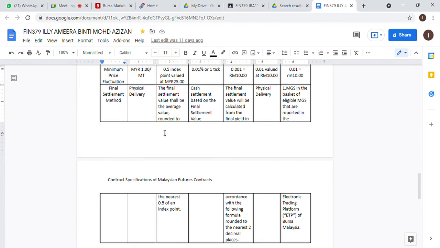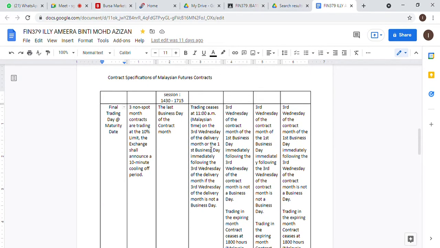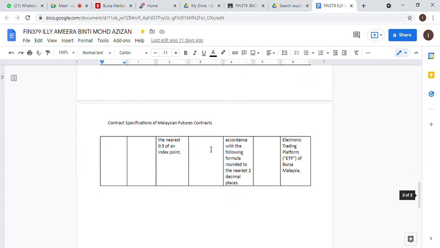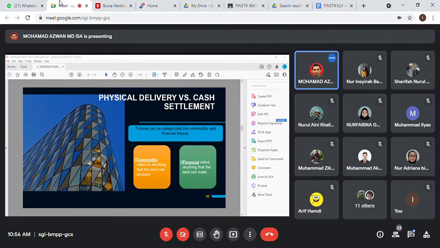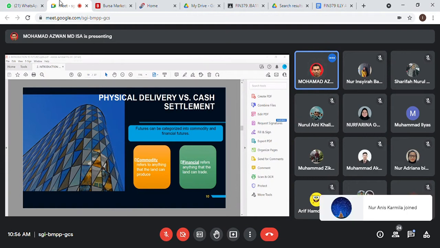Okay. Sharifah Nurhana, what about FKB3? What about FKB3? Cash settlement also. Okay. Syahiran. Syahiran.